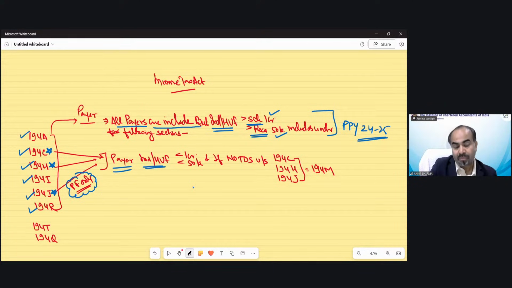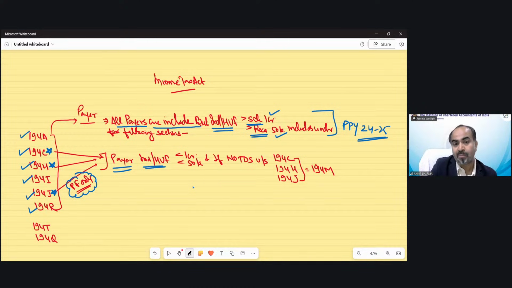If the payer is an individual HUF who is paying a contract or subcontract amount to someone, or paying brokerage or commission under section 194H or under section 194J, the transaction regarding professional fees.